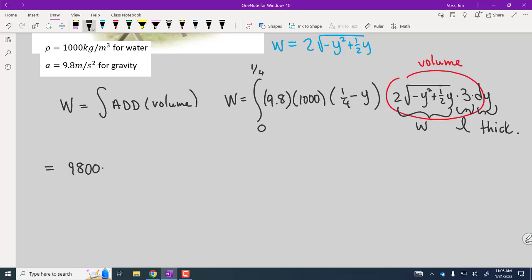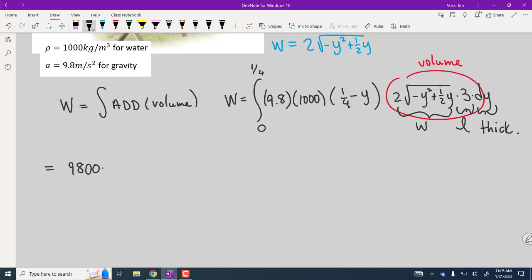Now, if we want to be clever, which we do not have to be, when you look to the integration piece of this, substitution is going to be the natural first candidate because you've got something inside of a root, you've got something outside of the root. When you look inside the root, what is the derivative there? Minus 2y plus 1/2.